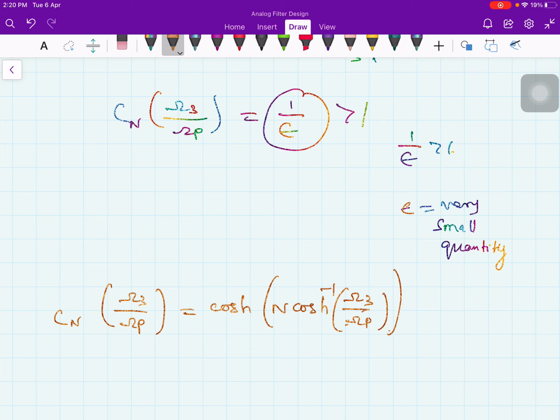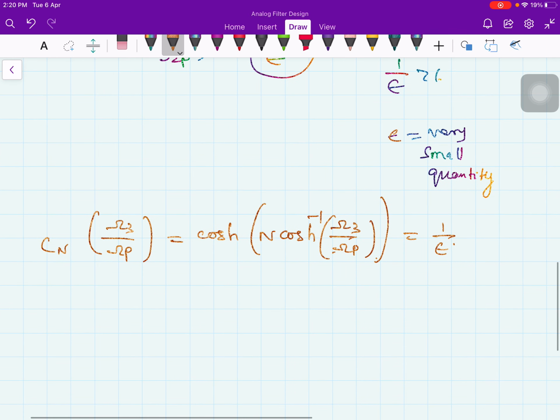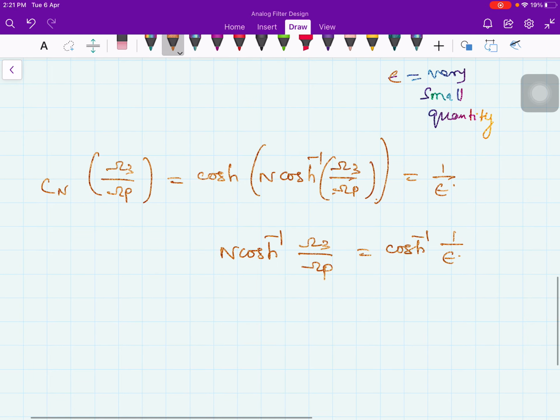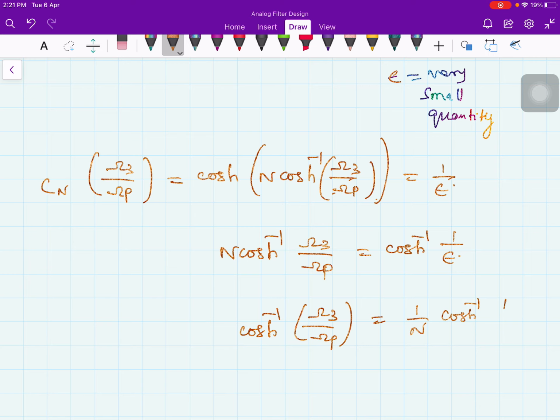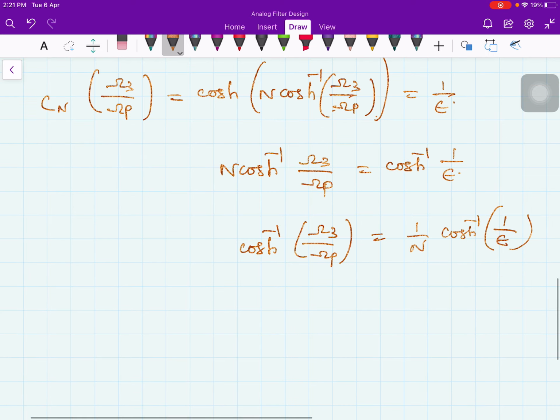Okay, and this must be equal to 1 over epsilon. So n cosh inverse of omega 3 by omega p is equal to cosh inverse of 1 by epsilon, right? Cosh inverse of omega 3 by omega p is 1 over n cosh inverse 1 over epsilon.